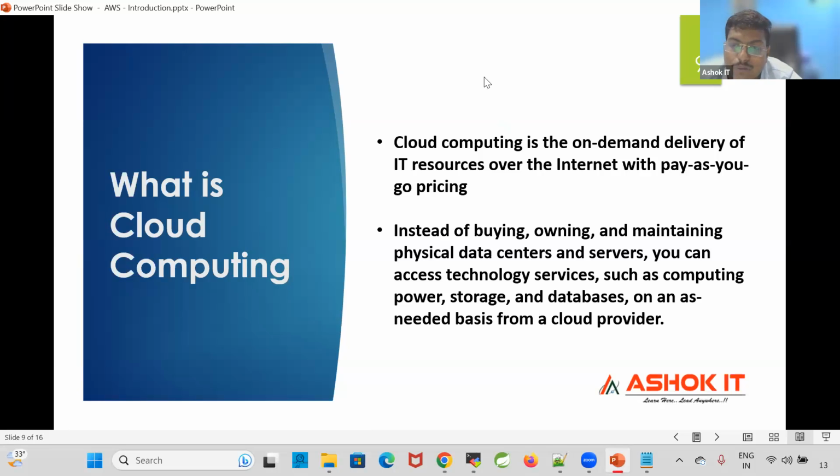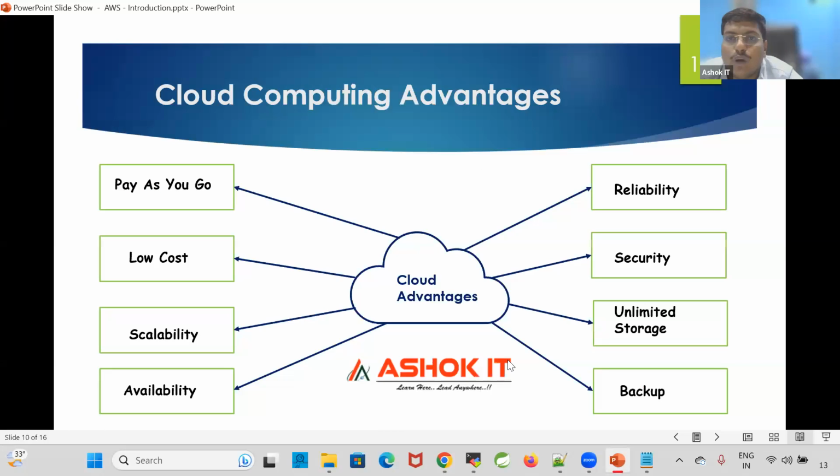Whatever infrastructure we need, instead of purchasing it, we can take the infrastructure for rent. Who will provide the infrastructure for rent and what are the advantages with the cloud? There are several advantages with cloud computing. So let us see this diagram. Can you see what are the advantages with cloud computing?